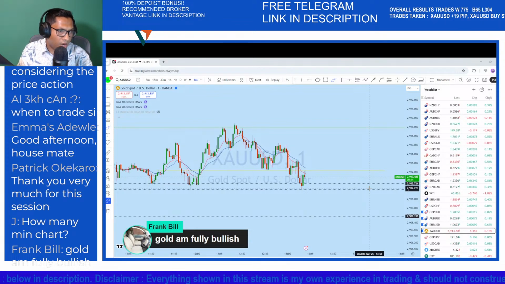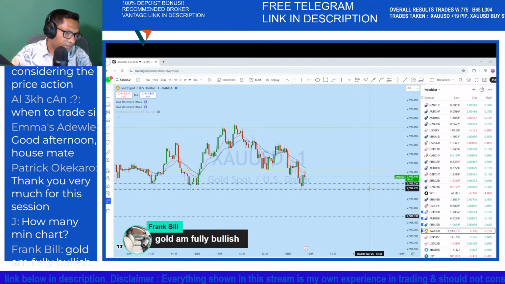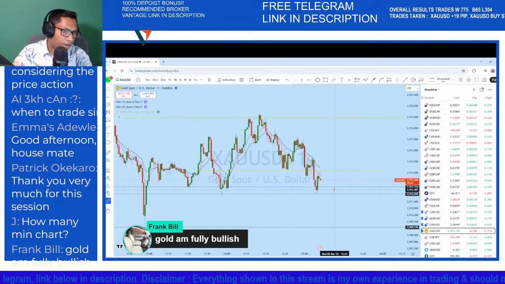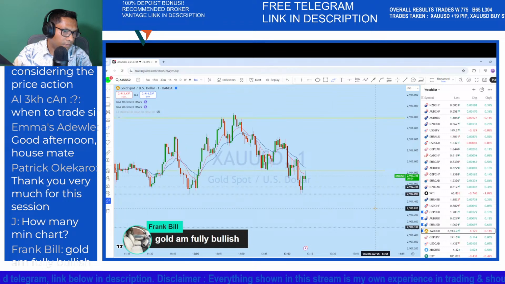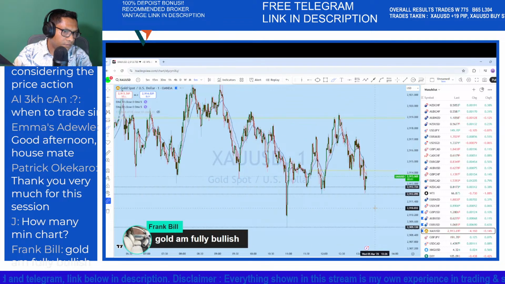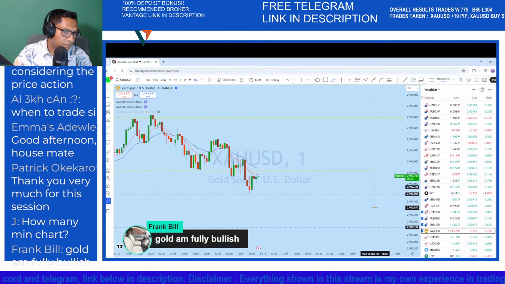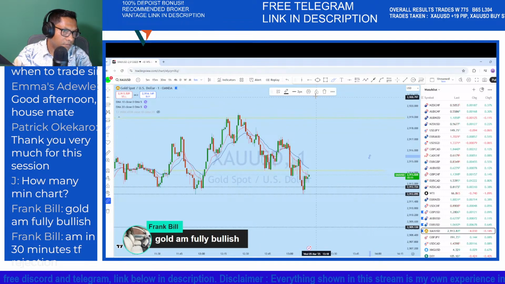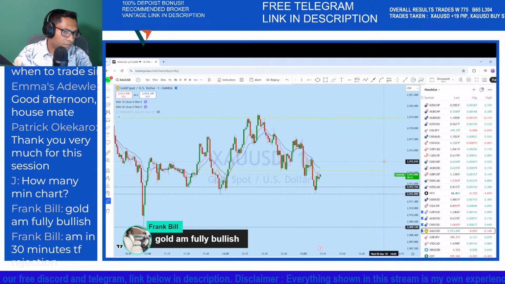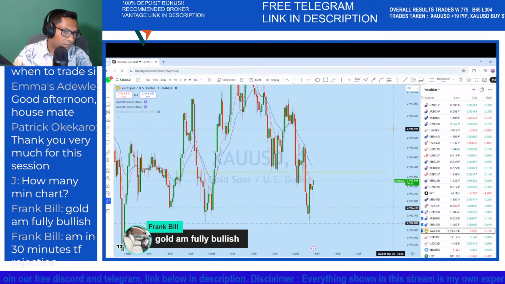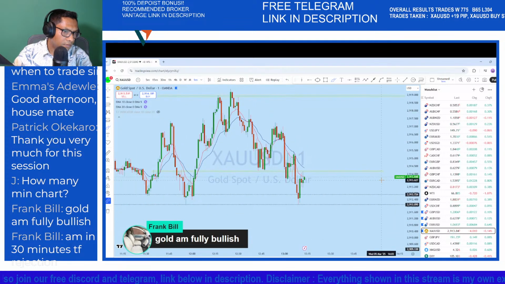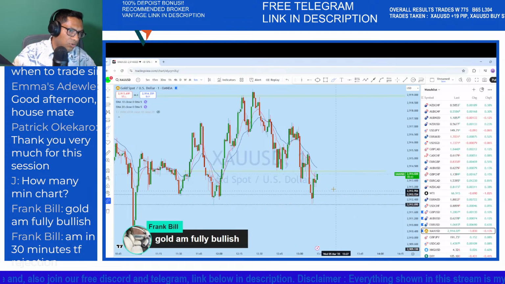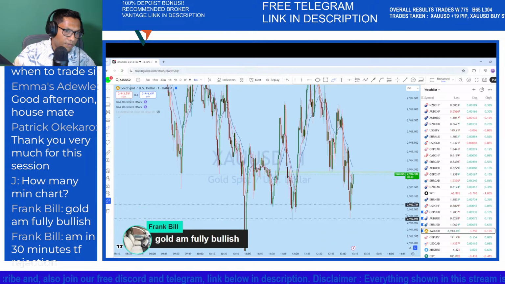And with that 1 minute price action, with this formation, the market is slowly trying to revert back up here.